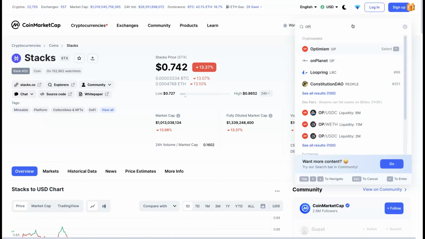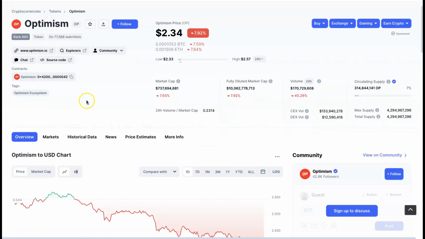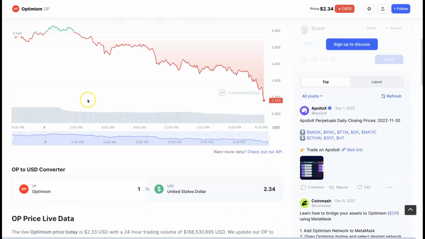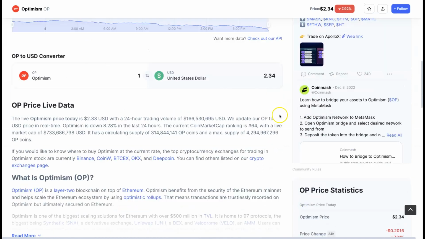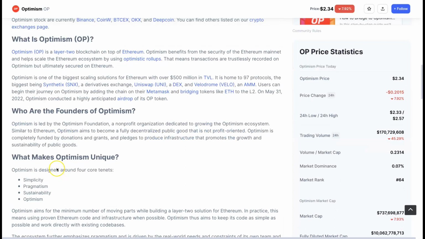OP, optimism, sounds really cool. I'm always old school. I like to deal with projects that are actually there. Sounds good. Who are the founders? No name.